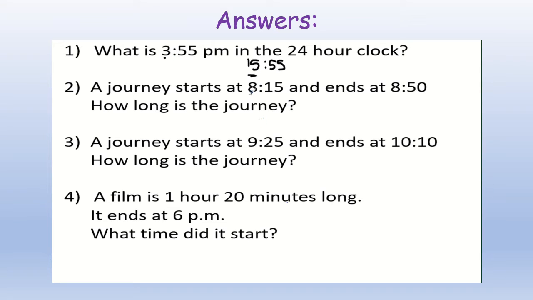If a journey starts at 8:15 and ends at 8:50, it would be 35 minutes long. If a journey starts at 9:25 and ends at 10:10, that would be 45 minutes long.